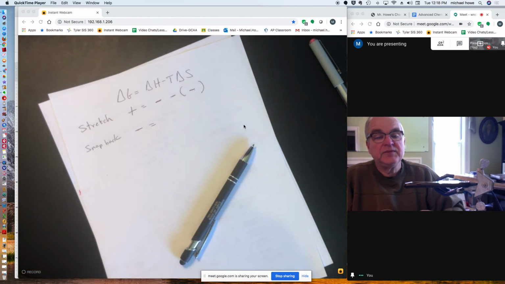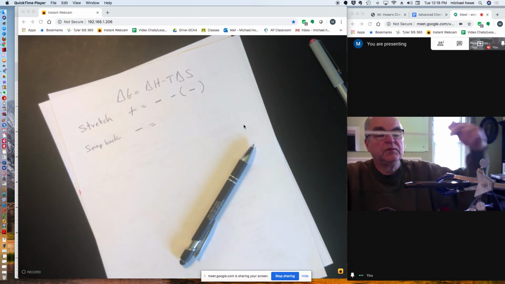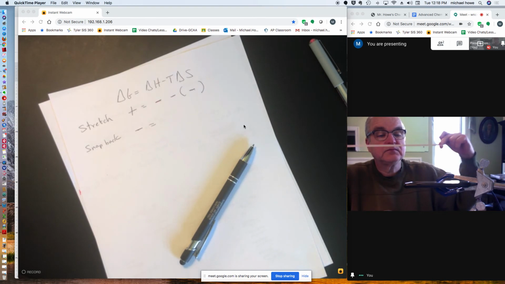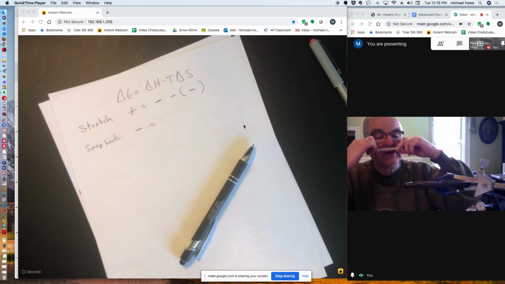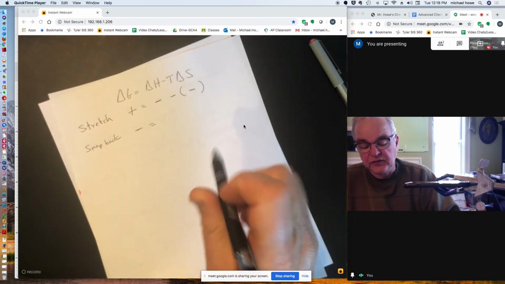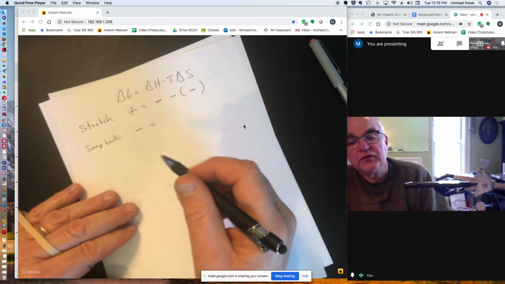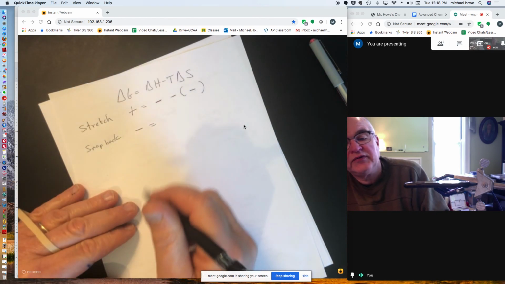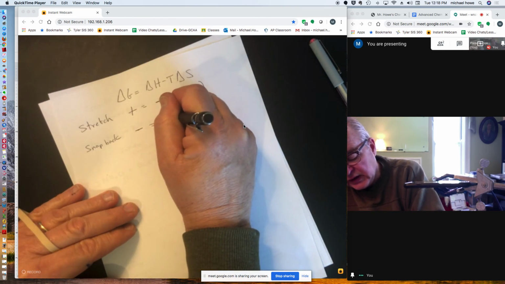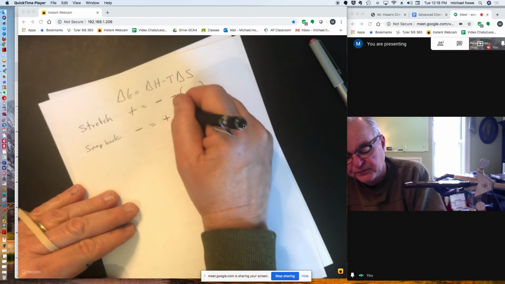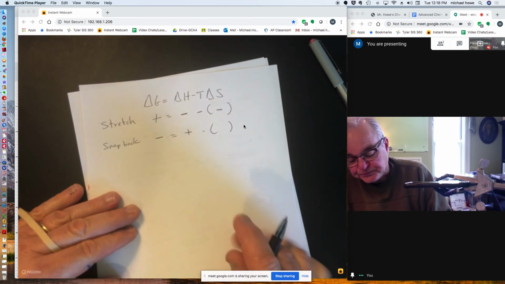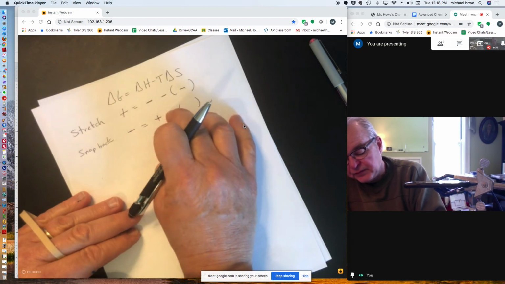The enthalpy, well, pull it out like this, put it against your lip, now snap it back, put it against your lip again, and you should notice that it feels cooler. If it feels cooler, that means energy went into the process, so that is an endothermic process, minus. Now what about the entropy?